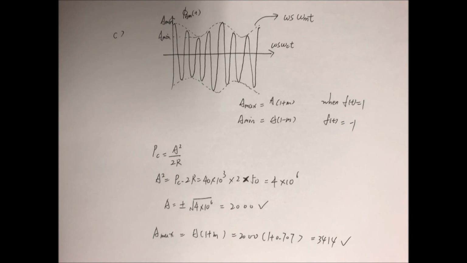How can we find A? Power, right? PC is here. PC is half A squared over R. If I know my resistor value is 50 ohm and my A is a voltage, then V squared over R is 40K. Solve this equation.